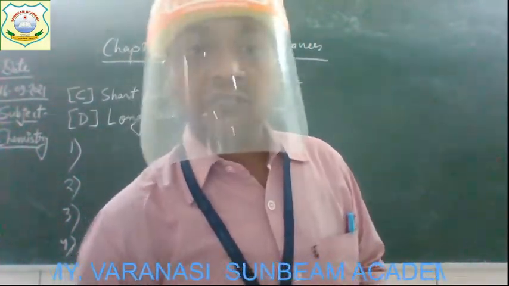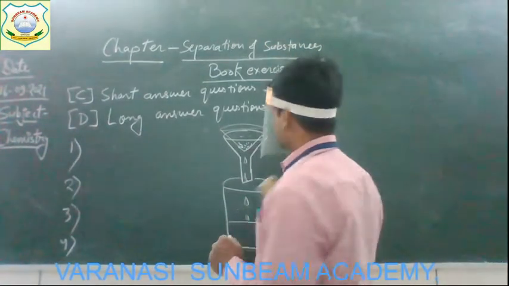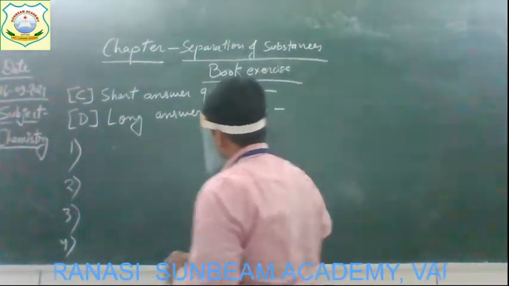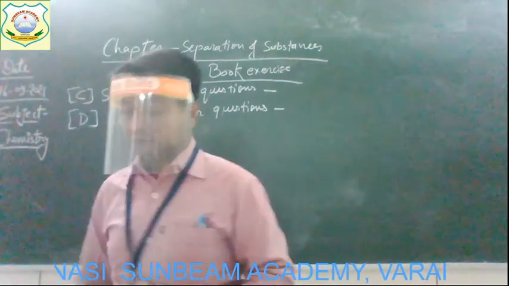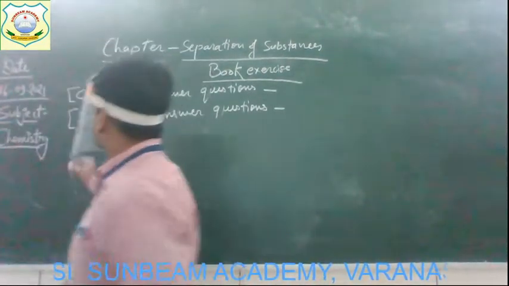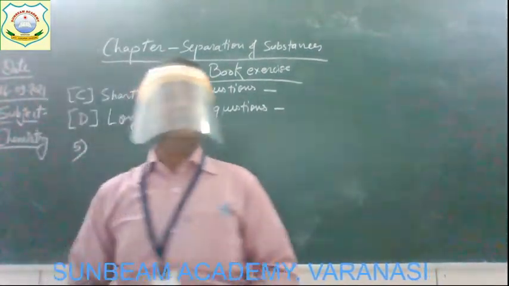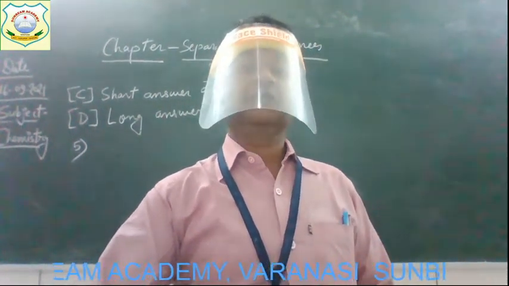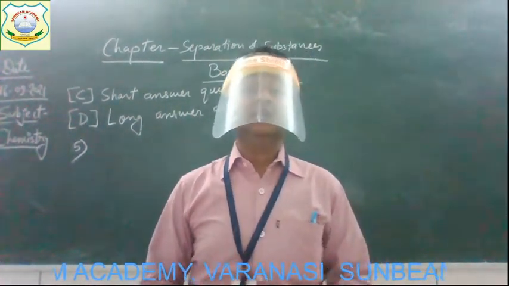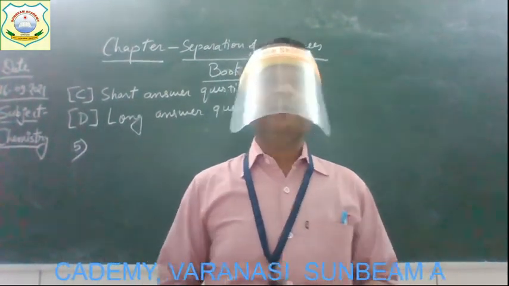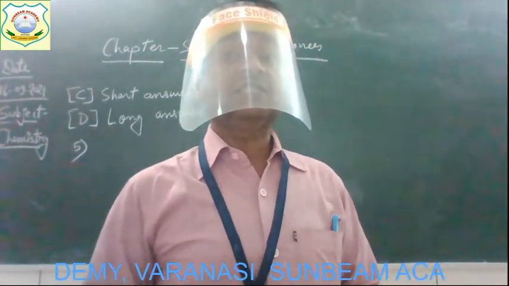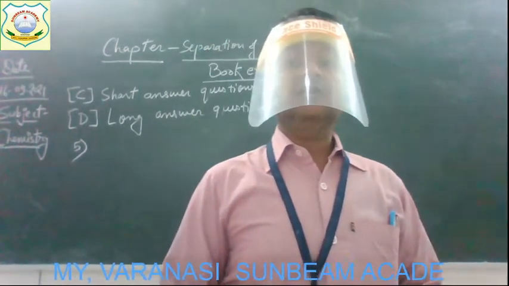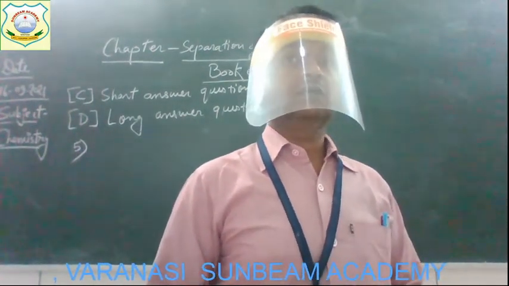Now come to the next question, number 5. Children, question number 5 is also a diagram based question. Here you have to draw the labelled diagram of the apparatus used to distill out pure water from a solution.